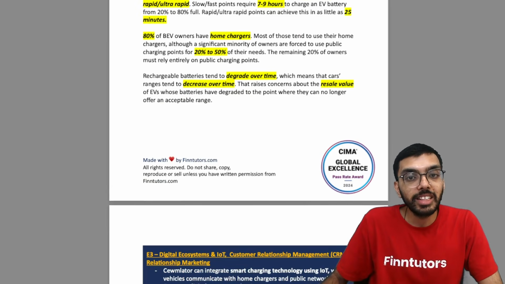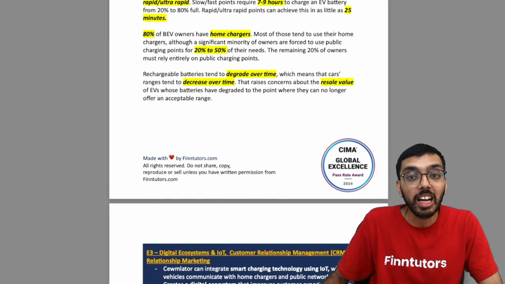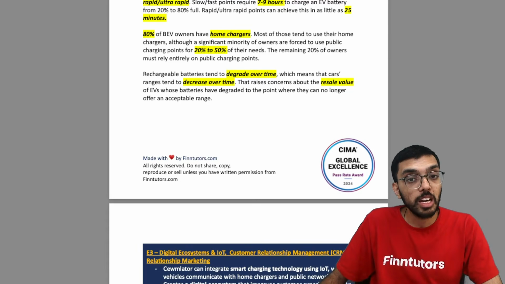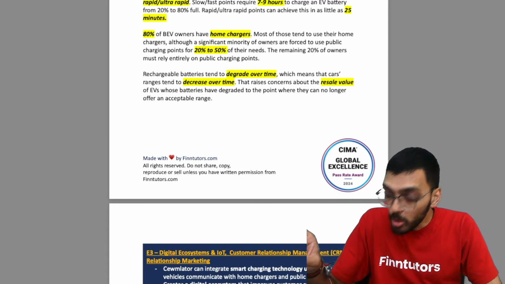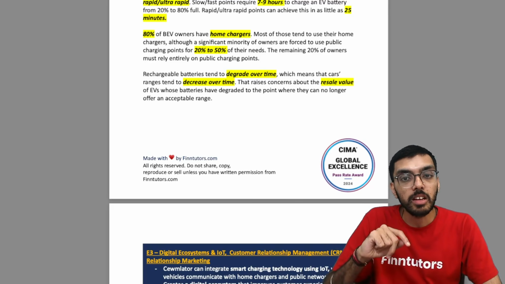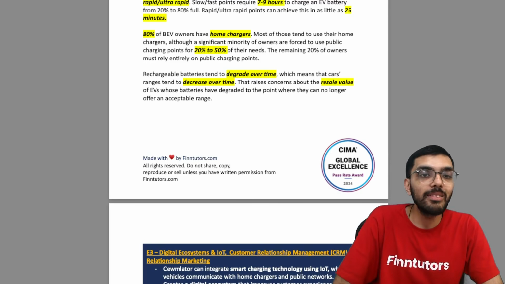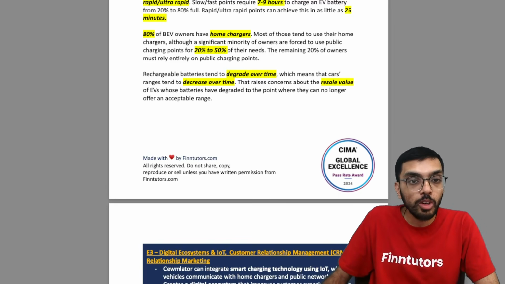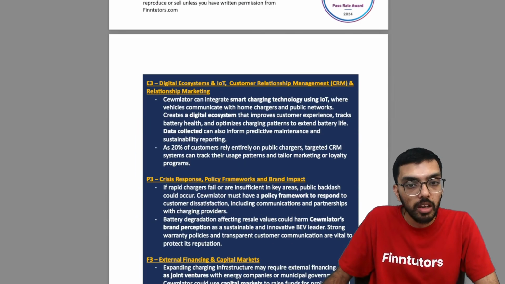Rechargeable batteries tend to degrade over time, which means that the car's range will decrease over time, something that you will have to manage as a company, something that you will have to innovate for as a company. That raises concerns about the resale value of EVs whose batteries have degraded to a point where they no longer offer an acceptable range.